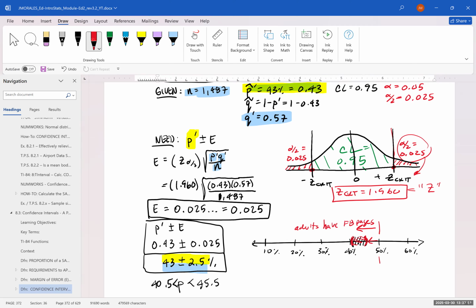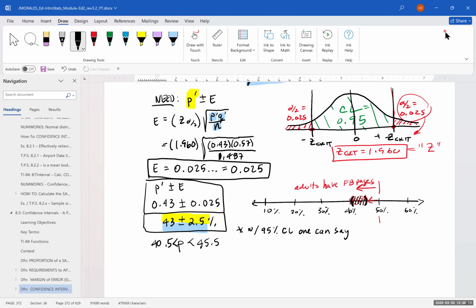So the answer is yes, that with a 95% confidence level, one can say less than 50% of adults have Facebook pages.